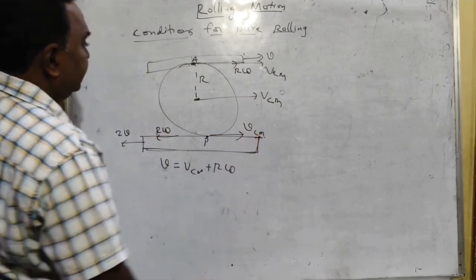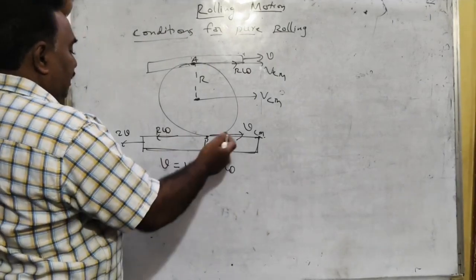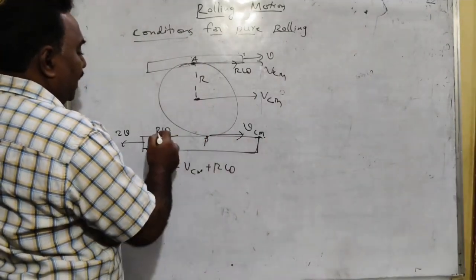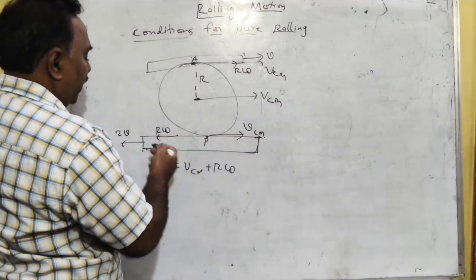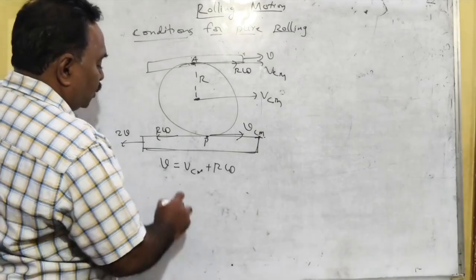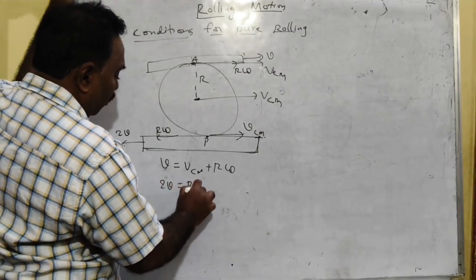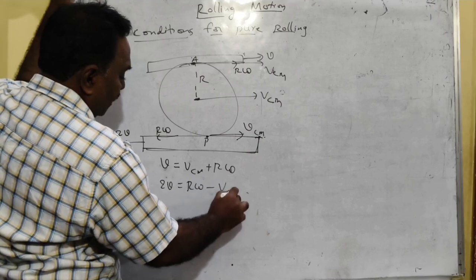Here r omega is more than VCM, so the resultant velocity 2V is equal to r omega minus VCM.